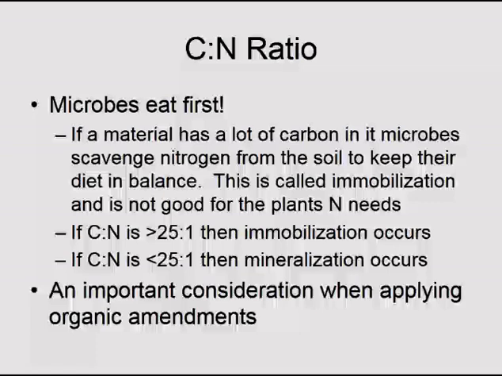This is an important consideration when applying organic amendments. If you're applying a manure, you probably have a very low C to N ratio. If you're applying a mulch, compost, or straw, these tend to be high in carbon to nitrogen ratio. Because of that, you need to realize that you can rob your plants of nitrogen if you're putting too much carbon out on the soil.